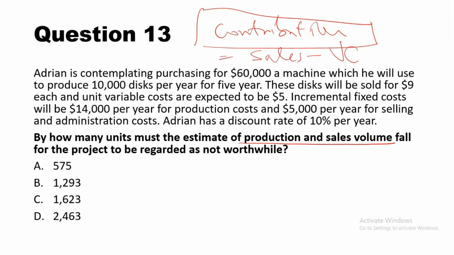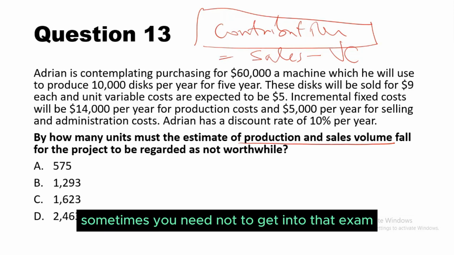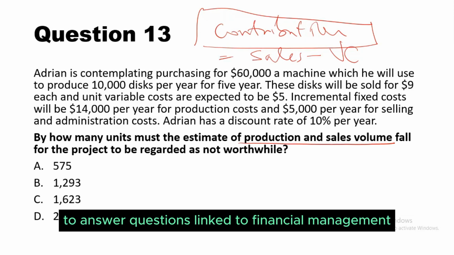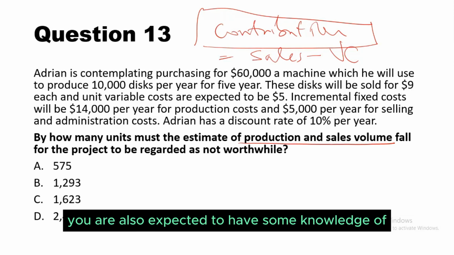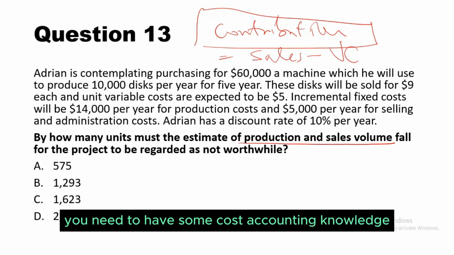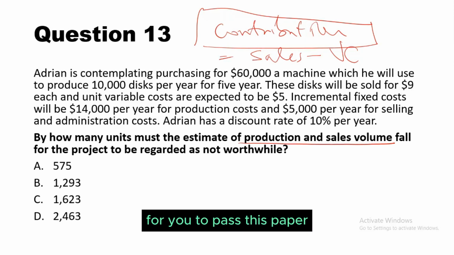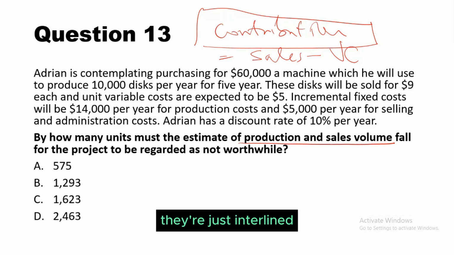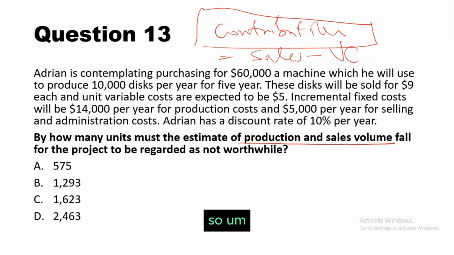Sometimes you need not get into that exam telling yourself that you only want to answer questions linked to financial management, and you forget that you are also expected to have some knowledge of performance management. Okay, you need to have some cost accounting knowledge for you to pass this paper, because these philosophies are just interlinked. So this is the idea.